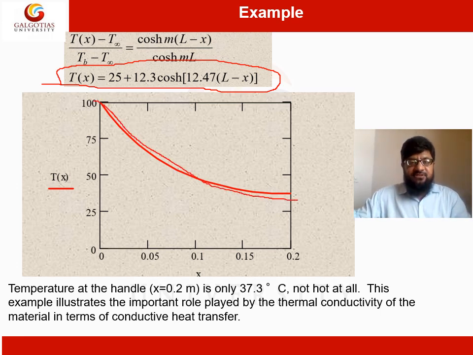Now when we plot this temperature in the x direction, we get that this drop-off is not very steep because the thermal conductivity k is quite low in comparison to aluminum, and the temperature at the end of the handle is only 37.3 degrees centigrade. So we can touch the handle.